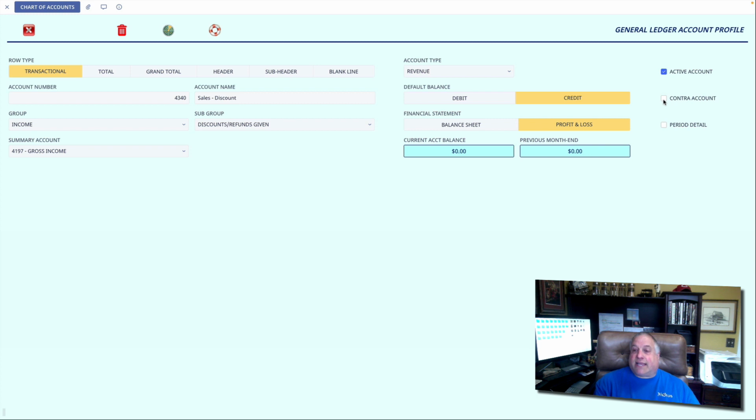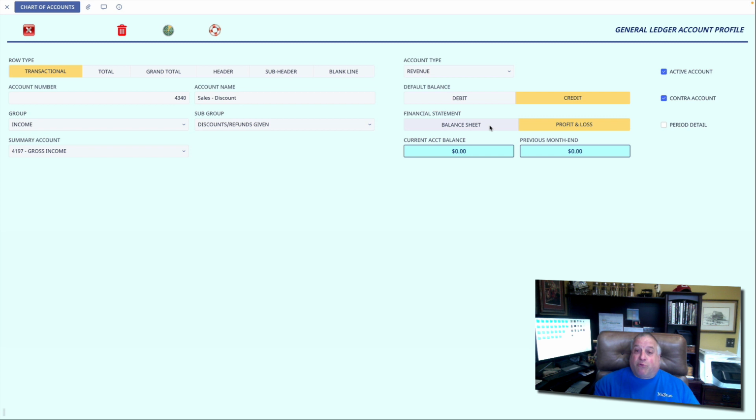Using the contra account flag right here allows us to have numbers correctly appear as positive or negative on the financial statement. Remember, there are not positive or negative numbers in double entry journal accounting. There are merely debits and credits.